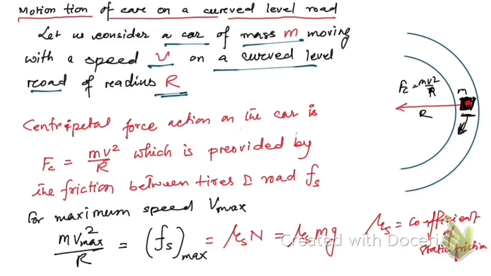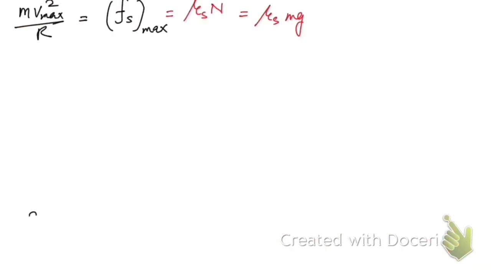Right. So now let me copy the last step and go to a new slide. So this is what we have got. Let me write it properly. From this step, m v max square by r is equal to mu s m into g.